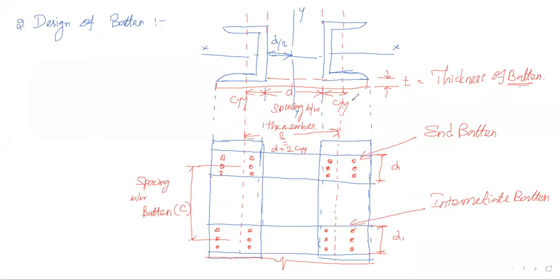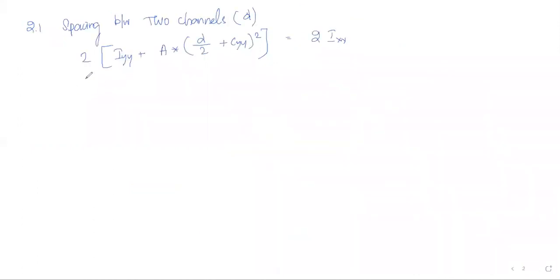With respect to the individual section and their moment of inertia we are equating now. So the 2 gets cancelled. Iyy is nothing but 310.8 into 10 to the power 4 mm to the power 4 plus the area of the individual section, 4564, into (d by 2 plus Cyy, 23.6 mm) the whole square is equal to Ixx.